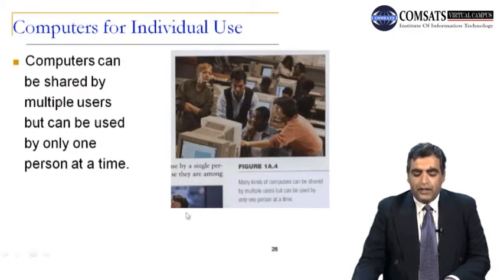So we are talking about desktop computers, which are used by a certain individual. However, that one PC can be used by more than one person at different times. So let's discuss how computers affect individual life.